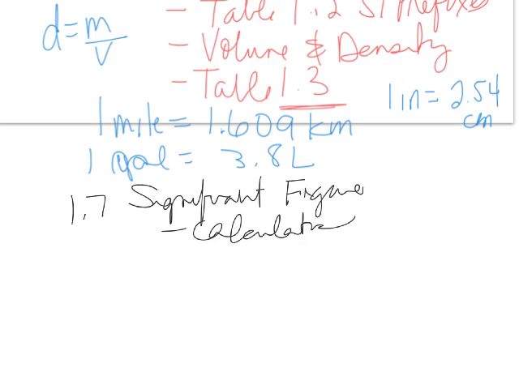So hopefully you understand that when you're adding and subtracting, you count the least number of digits to the right of the decimal, but when you are multiplying and dividing, it's the overall least number of significant figures in that calculation. So be able to work some problems using those.